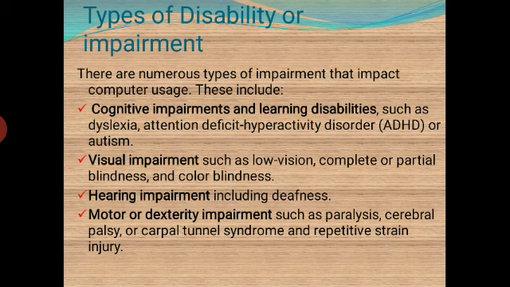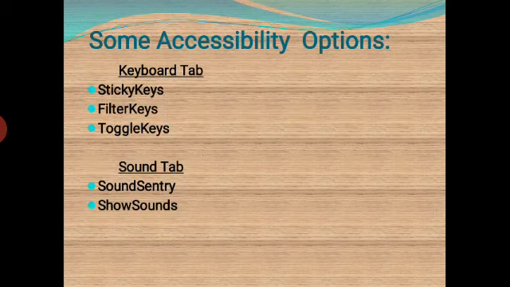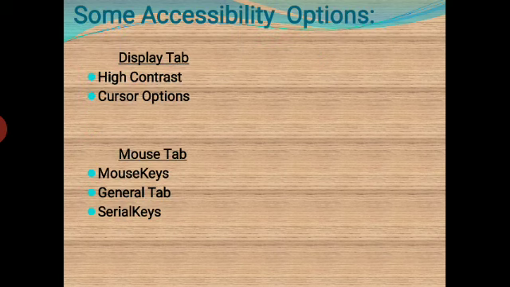These are the different types of disabilities, but in spite of disability, our computer system enables them to use the system with the help of the accessibility options. Some of which are the keyboard accessibility option, sound accessibility option, display accessibility option, and mouse accessibility option.